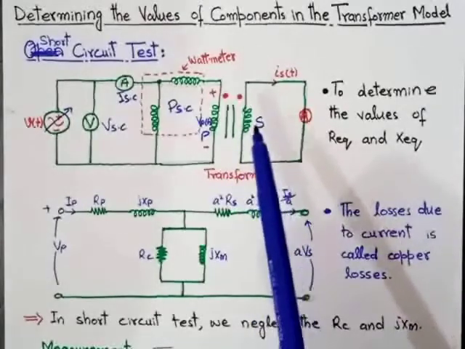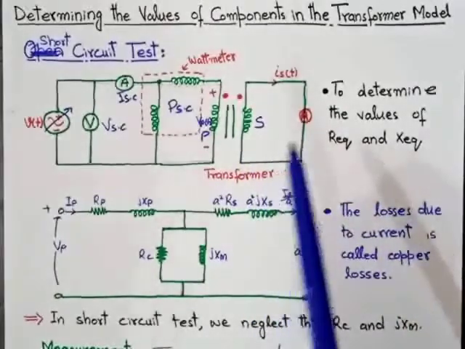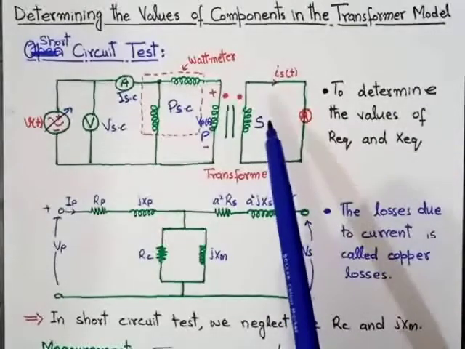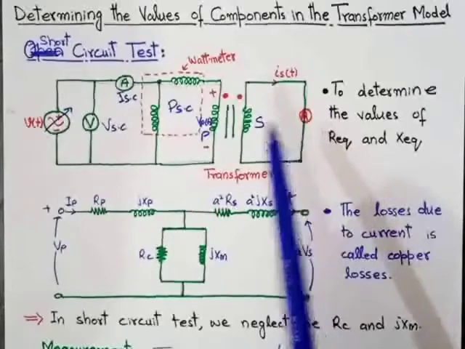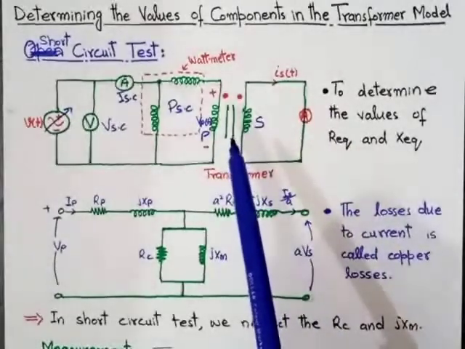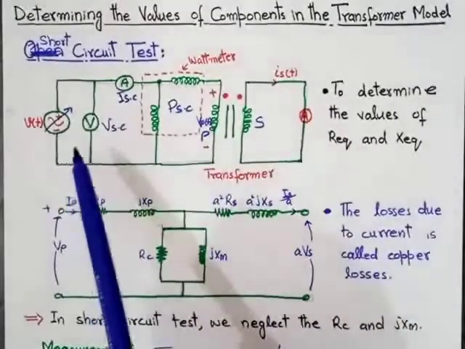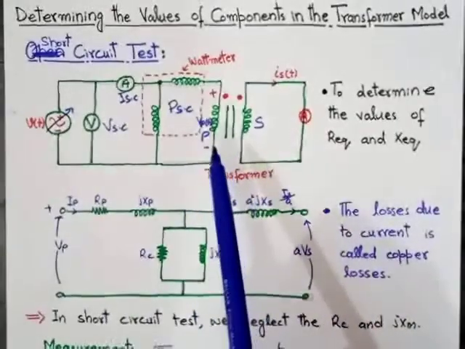In the short circuit test, the low voltage side of the transformer is short circuited and the high voltage terminals are connected to the variable voltage source, as you can see in this figure.